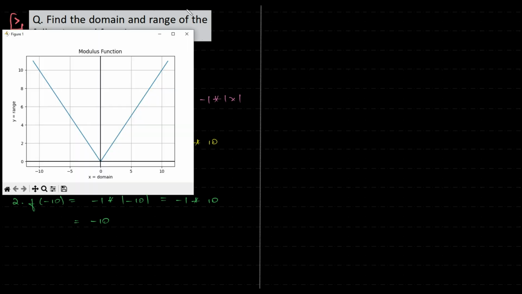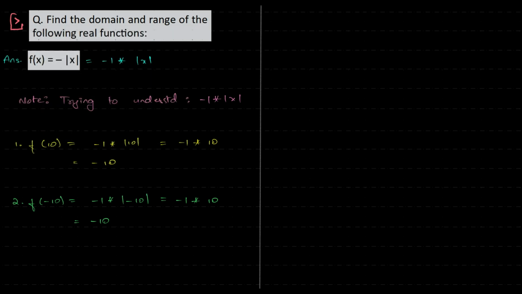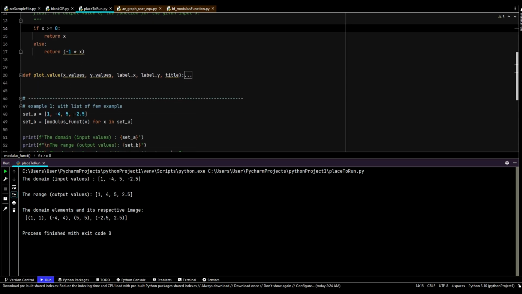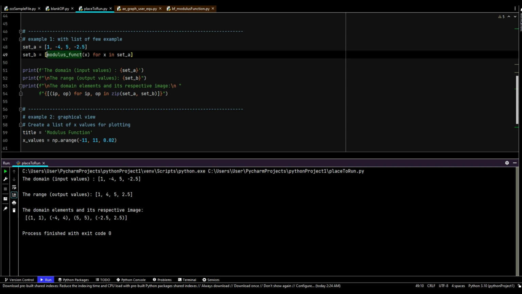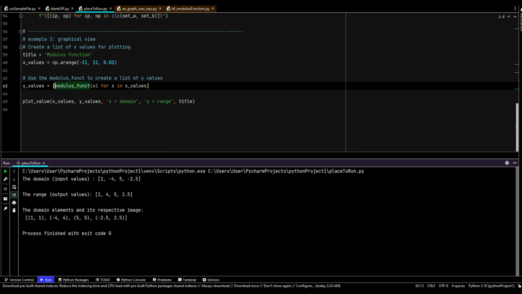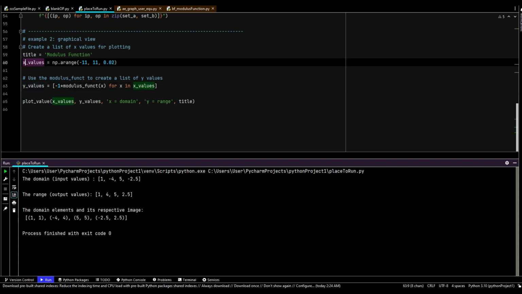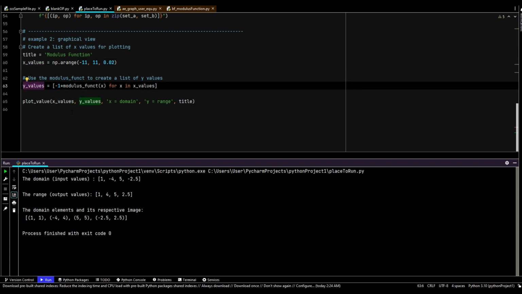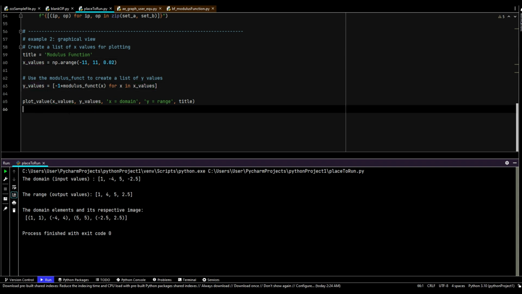So basically, let me cancel this. Let me do it over here. We have to multiply minus 1, right? That's what I'm doing, to the modulus function, I'm multiplying minus 1. This is your range. So this is your x-axis, y-axis, right? That's your range basically.